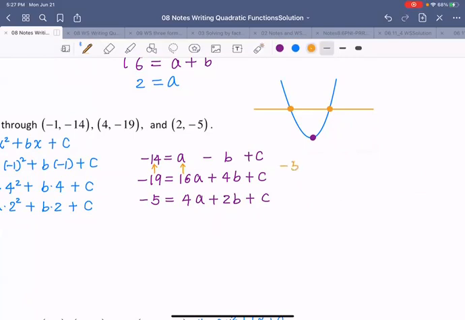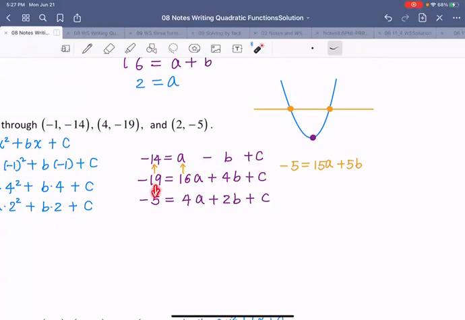Negative 5 equals 15a. Thank you. Plus 5b. Yes, very good. C and C canceled, right? Yes. All right, thank you.